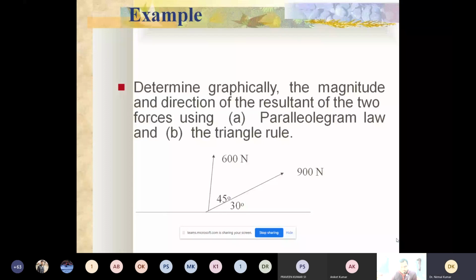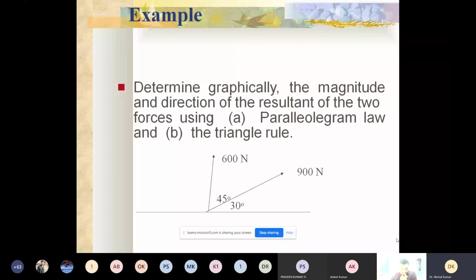Now you come to the problem, a real problem. Now at a point, two forces are acting. It is a very simple problem I have taken. For those who have studied, however, it is very interesting.